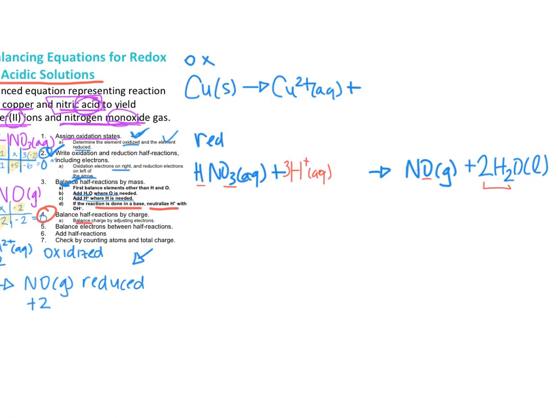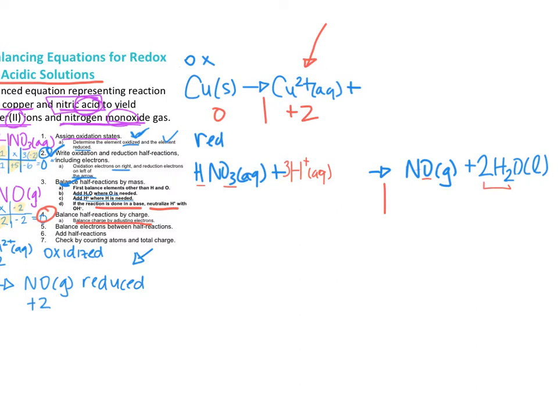You balance charge by adjusting electrons. So this is where we're going to start adding our electrons in. In the same red color, I'm going to write on each side what the charge is. On this side of the reaction, I have a charge of 0. On this side of the reaction, I have a charge of +2. These are ionic charges, so we are referencing ionic charges in this case.